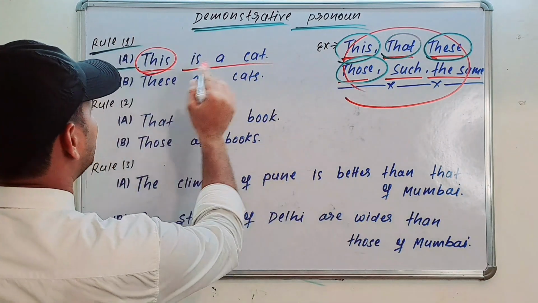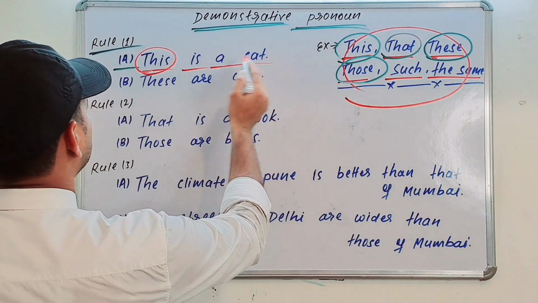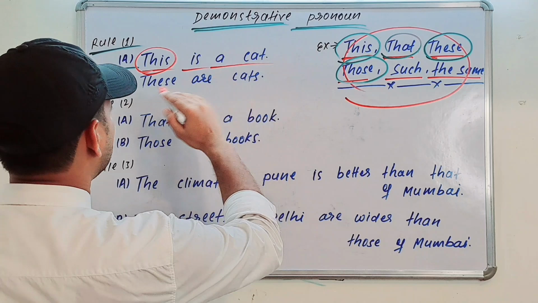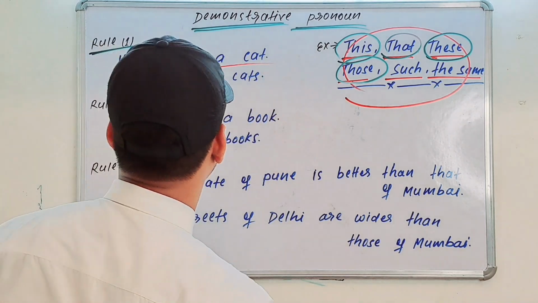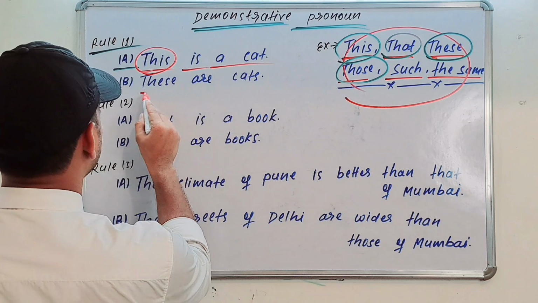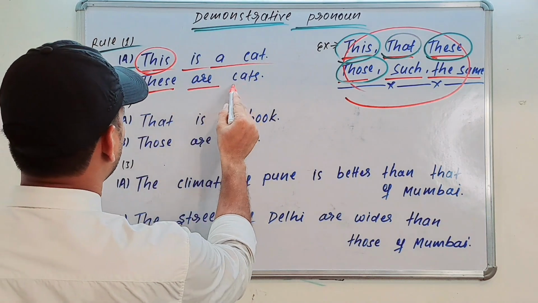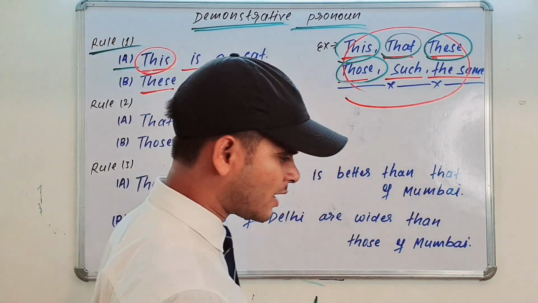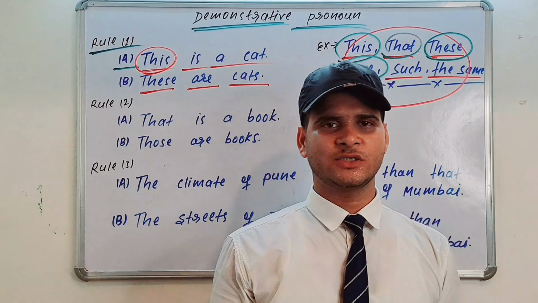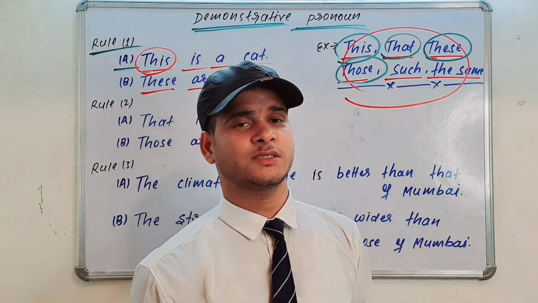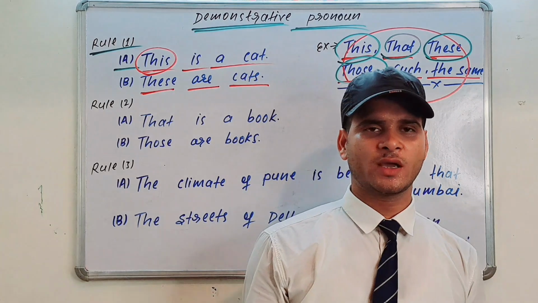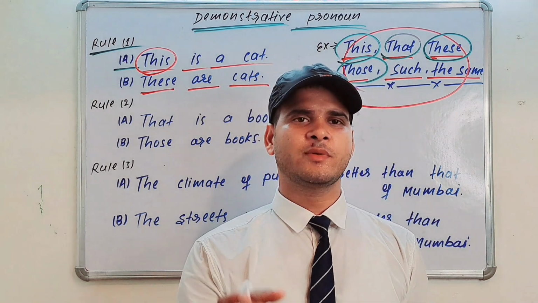Like here, this is a pen, this is a cat, this is a book, this is a car, like that you can use. But here see, these are cats. I told you where this is used, but now we are discussing these. The demonstrative pronoun these is used to point out the nearest plural noun.